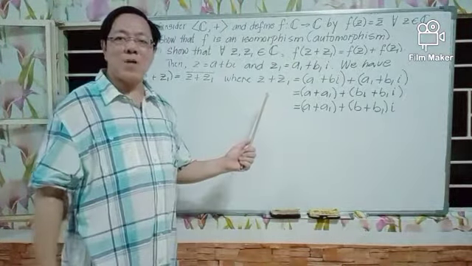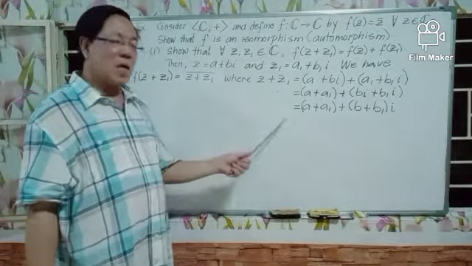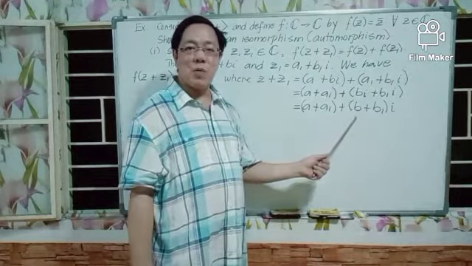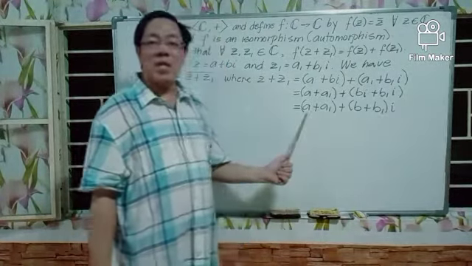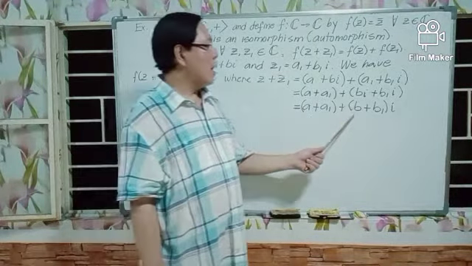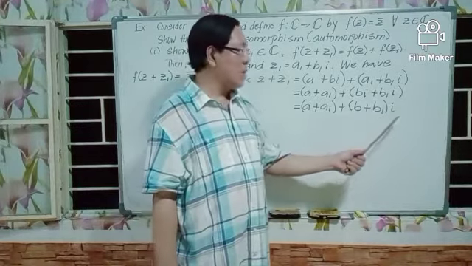Thus, the sum of the complex numbers z and z1 denoted by z plus z1 is equal to quantity a plus a1 plus quantity b plus b1 times i, where the real part is the sum of the real numbers a plus a1, and the imaginary part is quantity b plus b1 multiplied by i.